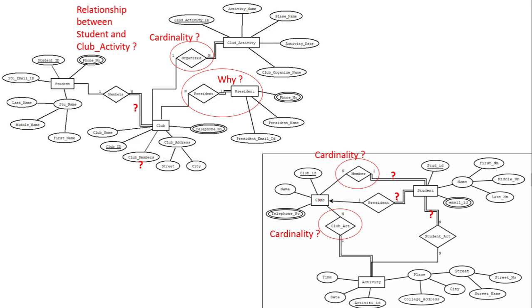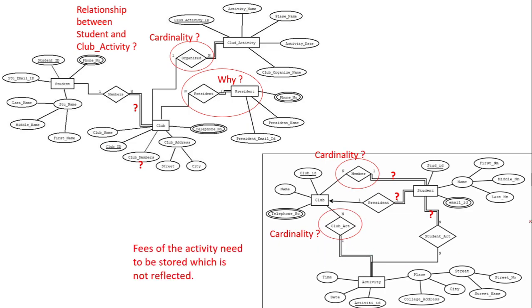It indicates that every club is associated with a single activity and one activity can be launched by more than one club, but not necessarily is this true. What is true? Every club may have more than one activity and every club activity might be launched by more than one club. So this should be many to many.